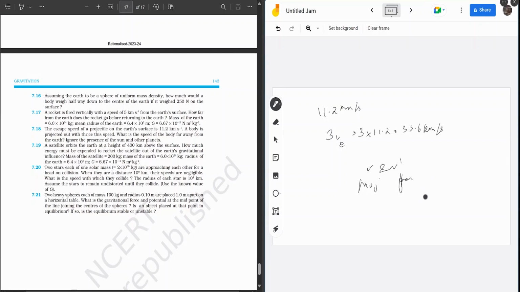Now at the time of projection, kinetic energy is half mv square, gravitational potential energy is minus G Me into m divided by Re.